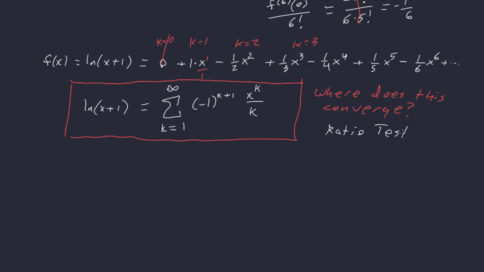Since the whole thing isn't raised to the k, for a ratio test, r will be the limit as k goes to infinity of the absolute value of the k plus 1 term. We don't even need to worry about the alternating piece since we're taking the absolute value. So we can just go straight to x to the k plus 1 over k plus 1 times the reciprocal, which will be k over x to the k. And k's are not that easy to write on this tablet.